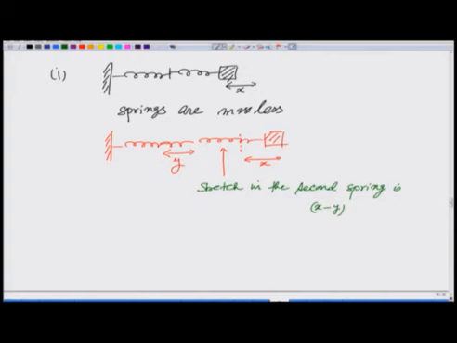Let us now look at the force on the second spring. The second spring has gotten stretched by x minus y, and the force on this side due to the first spring which has gotten stretched by y is k y, and the force on this, because it has gotten stretched only by x minus y, is k(x minus y).